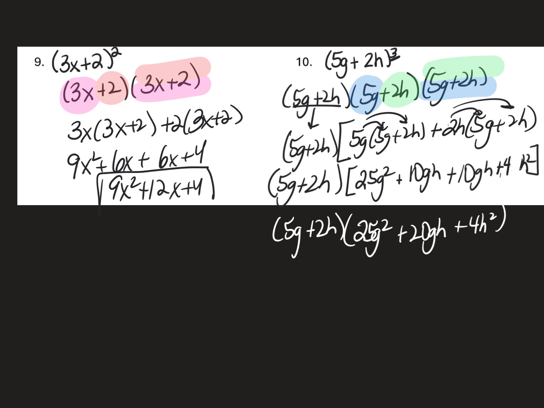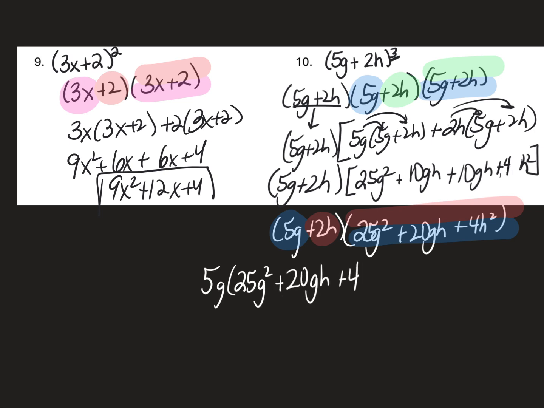Now I am going to multiply, grab my highlighter, I'm going to multiply 5g times this trinomial and then plus 2h times this trinomial. So that's what I'm going to write out. 5g times 25g squared plus 20gh plus 4h squared. Then the red plus 2h times 25g squared plus 20gh plus 4h squared.